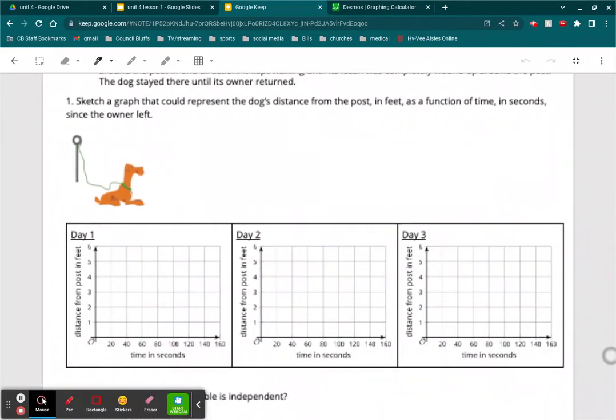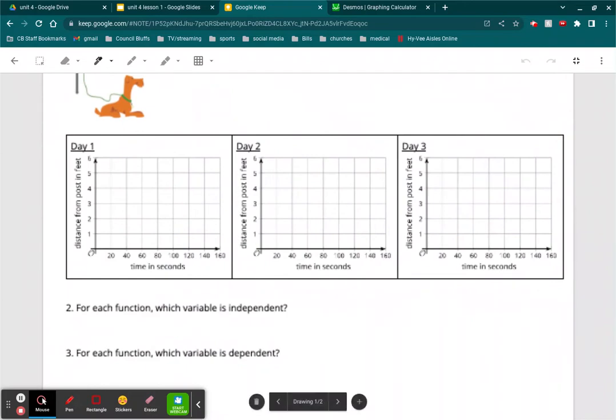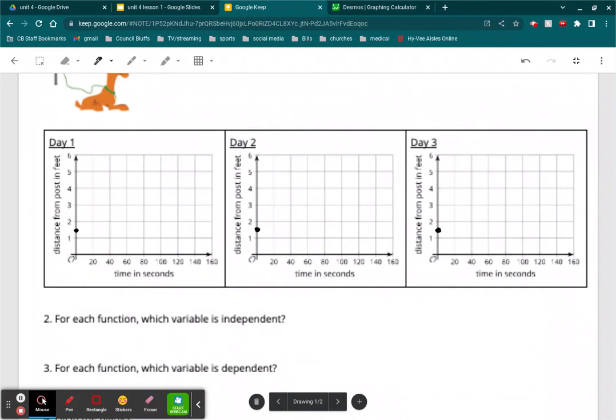So that tells me that at time 0 on each of the 3 days, when he left, the dog was 1.5 feet away at the time that the owner left. So when time is 0, the distance is 1.5 feet, which is why I put dots there.